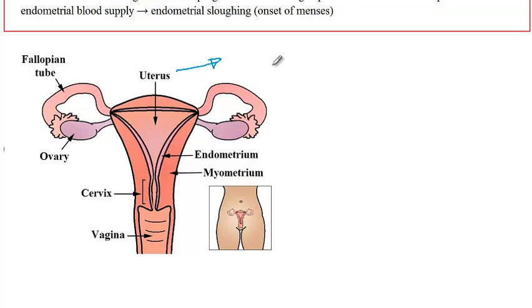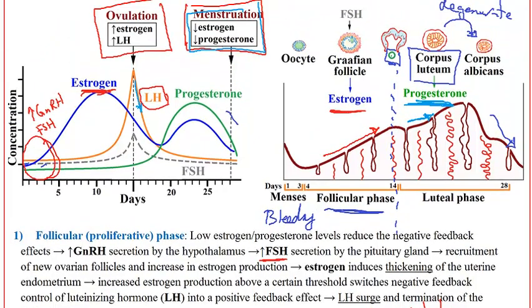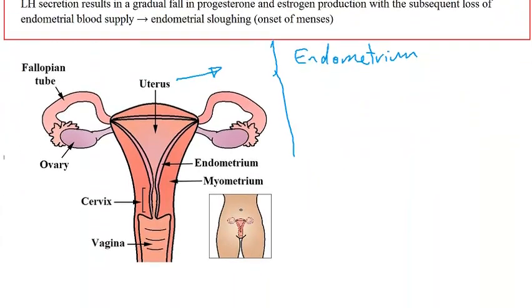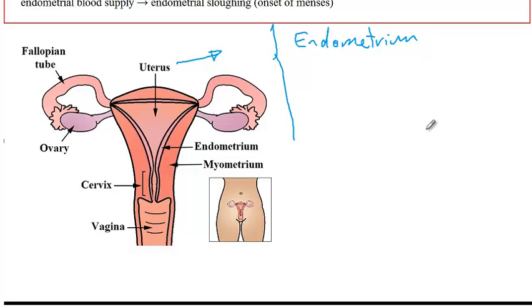And there are 3 layers to the uterus, and these layers include the endometrium. And as we were just discussing, all the menstrual cycle that was going on was to prepare the endometrial wall for potential implantation. Okay, so the first layer, or the innermost layer, is called the endometrium.